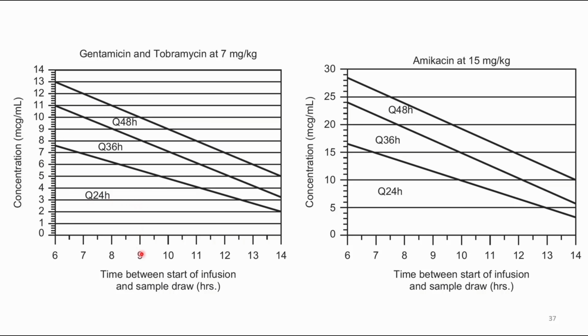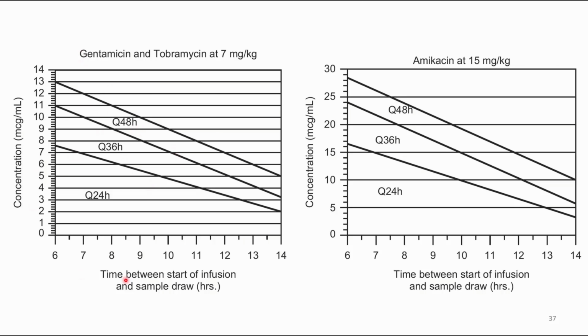Now, if for that very same patient, 9 hours later, you got the level that was 7, because 7 falls above this line of Q24, but it's within the Q36 dosing, so 9 and 7 goes here. Instead of continuing the dose every 24 hours, you change it to every 36 hours. The same would be true if you got, 9 hours later, the level that's, let's say 9, so 9 and 9, you would change the frequency to every 48 hours, and so on and so forth. So that's how you would monitor.